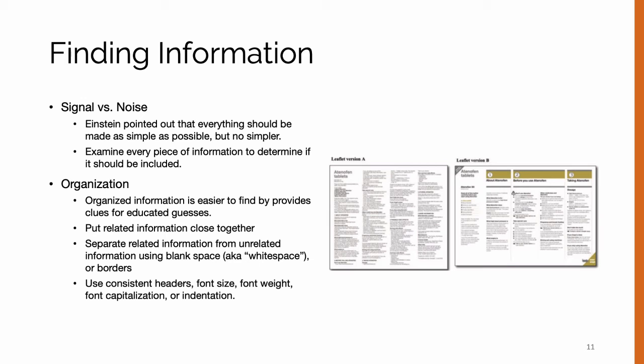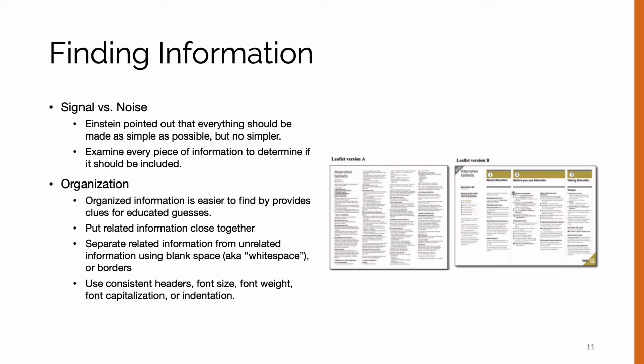The second way to help people find information is just by organizing it really well. People have an easier time finding information in organized displays than in disorganized displays because they kind of have some hints about where to look. It also helps to put the most related information close together, just like we do in any other user interface, and separate related information from unrelated information using things like white space or blank space.